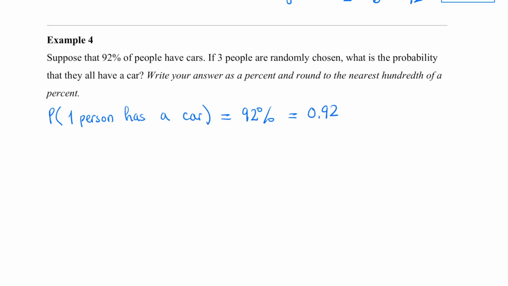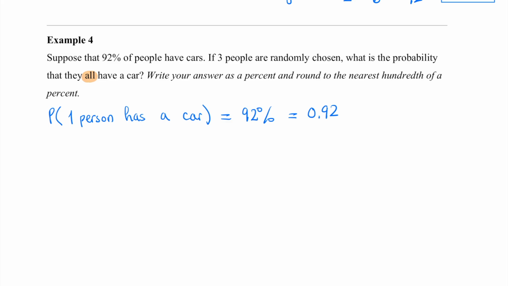Because the people are randomly chosen, we'll treat these events as independent. And the word "all" means "and." Person 1 has a car, and person 2 has a car, and person 3 has a car.